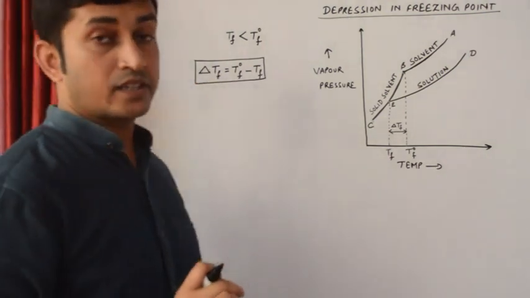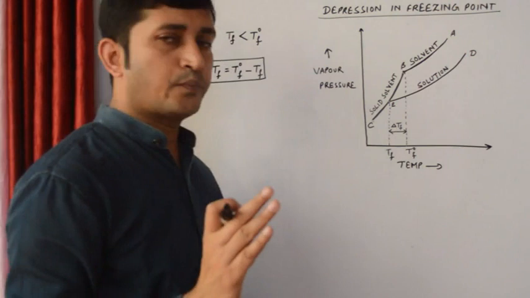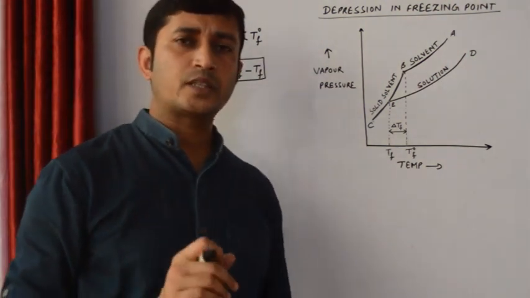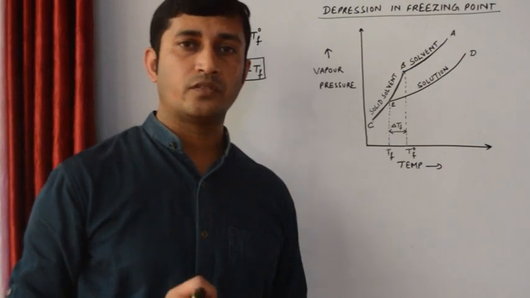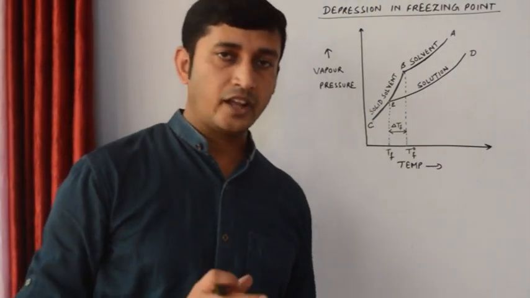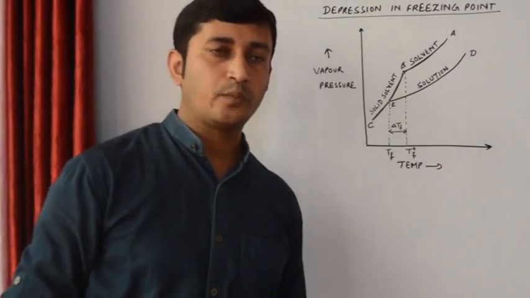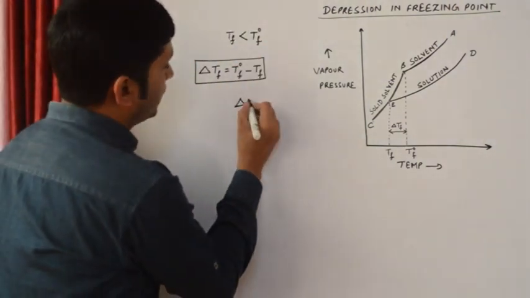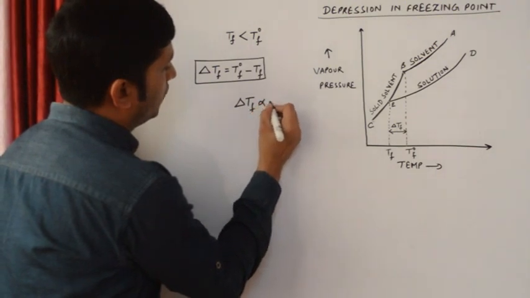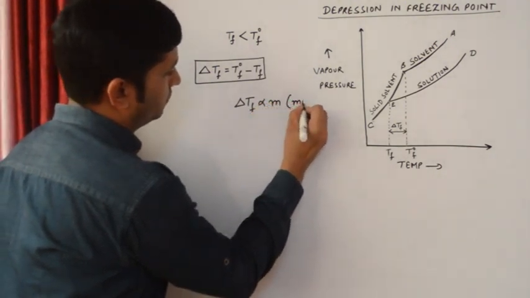Also we shall know that the freezing point of any solution depends upon the concentration of solute, but it is independent of the identity of the solute. Here also, just like elevation in boiling point, the depression in freezing point is directly proportional to the molality of the solution.